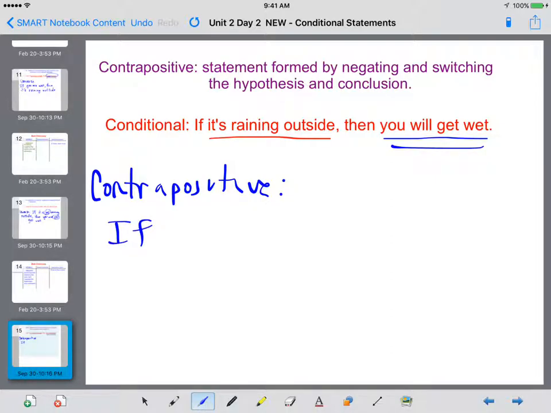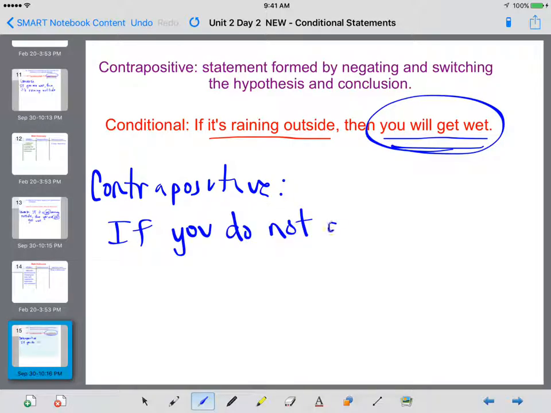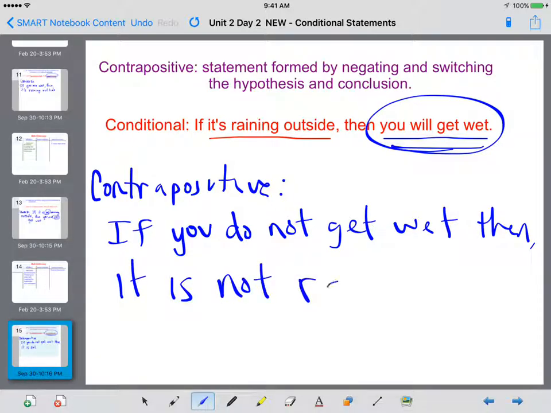So if we need to put this you will get wet first, except we need to negate it. So if you do not get wet, then it is not raining outside.